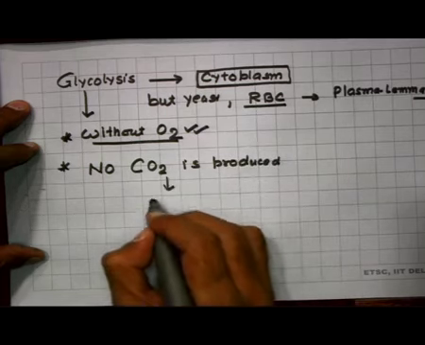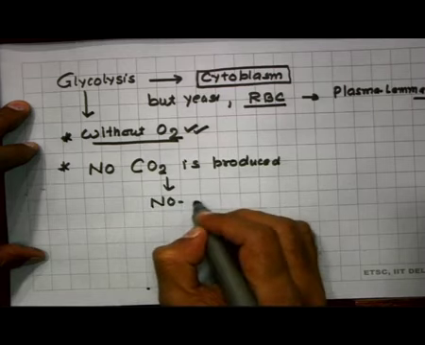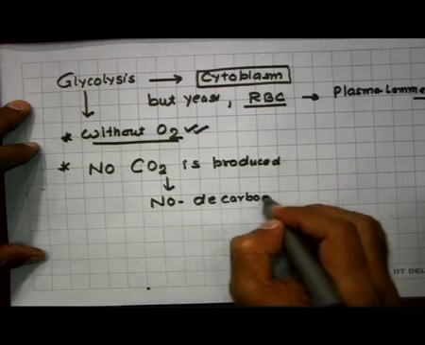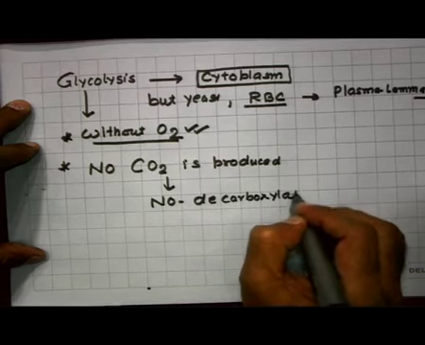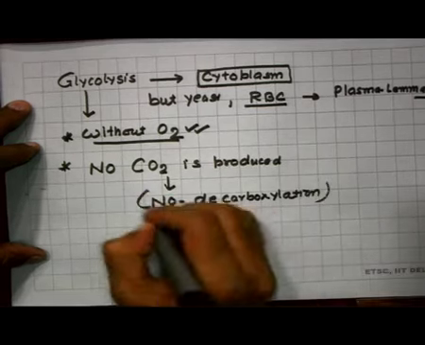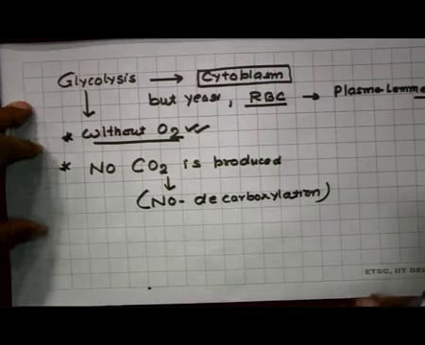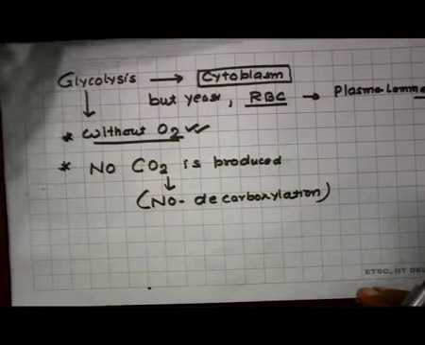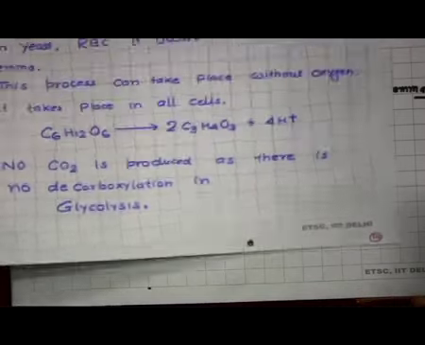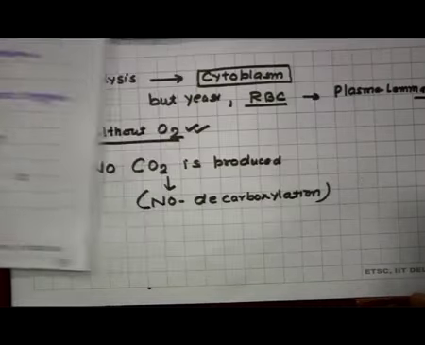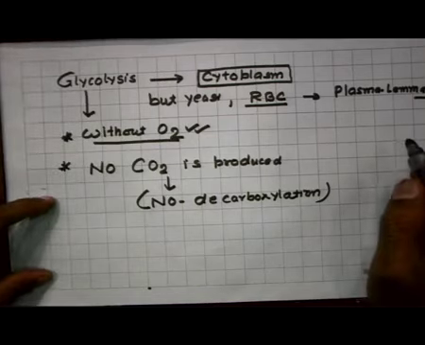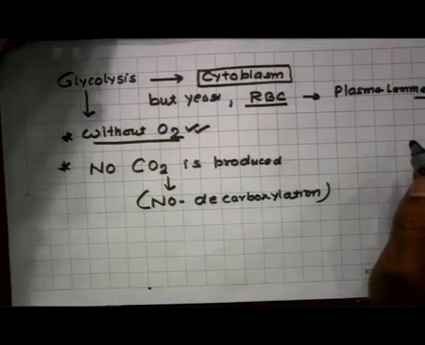So, there is no decarboxylation. No decarboxylation process takes place in glycolysis. It takes place mainly in the cytoplasm, and all the anaerobic organisms have ATP in this form.